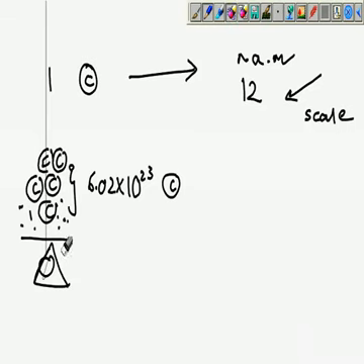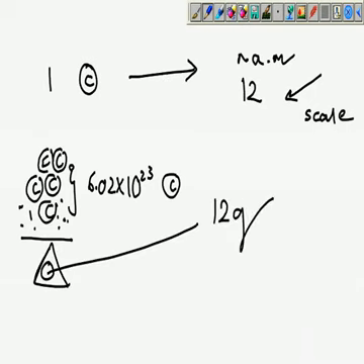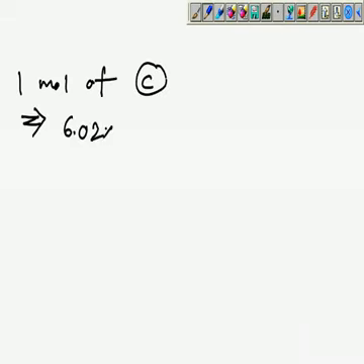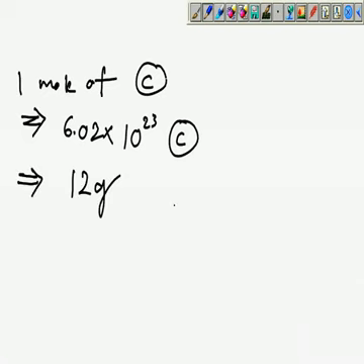weighing machine, you will get the reading of 12 grams. So 1 mole of these atoms will give you 12 grams. Alright? So if you have 1 mole of this, it means you have 6.02 times 10 power 23 pieces of this, and all these pieces have the mass of 12 grams.